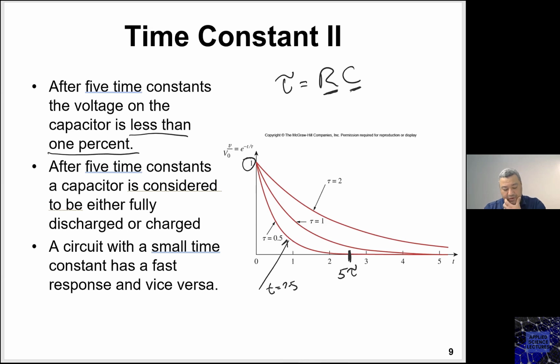For the second function that has tau of 1, 5 tau is here. So for every tau, 5 tau is enough to reach the steady state response.